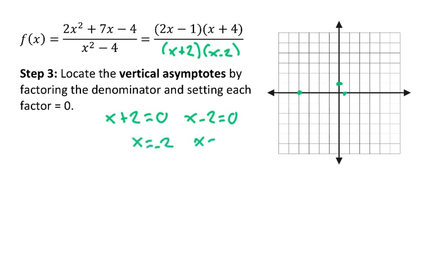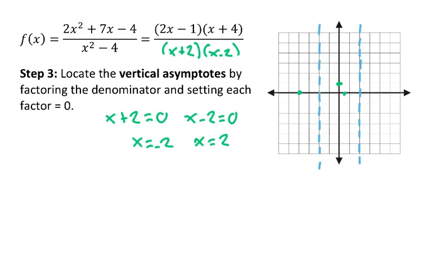At these values of x, there will be vertical asymptotes. They will be vertical lines at negative 2 and 2, and I'm going to draw those as dotted lines, indicating that they are not part of the graph, but that the graph, once I draw it, will approach these lines, getting closer and closer to them.